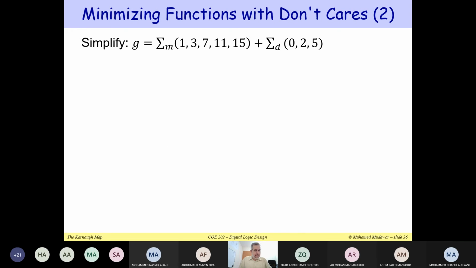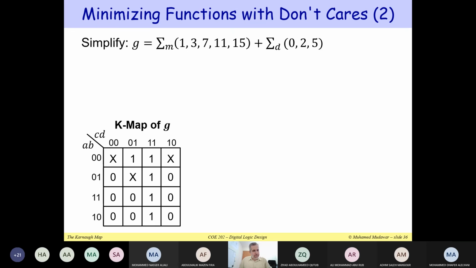Again, you need to practice this. I have an example about this. You can see that we have 5 minterms and 3 don't cares. So the first step for this function g is to draw the Karnaugh map. You need to locate where the ones are and where the don't cares are. This is the index here: this is 1, this is 3, this is 7, 11 is down here, and 15 is here.